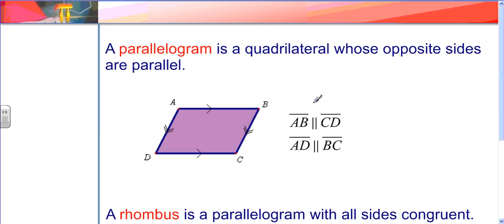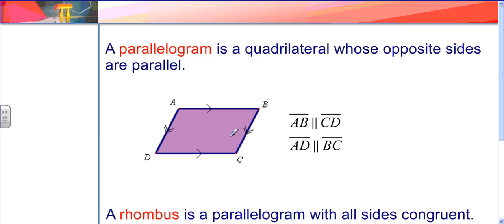All right, so the next type of quadrilateral is a parallelogram, and we've talked a little bit about parallelograms. We've used them to draw planes that we're trying to represent in another dimension. But if we're just talking about a flat figure, a parallelogram is a figure whose opposite sides are parallel. Now you want to look for the arrows on each of the opposite sides to know for sure whether or not they're parallel, or some other information that tells you yes, the opposite sides are parallel.